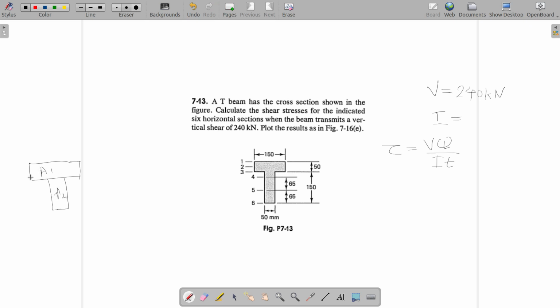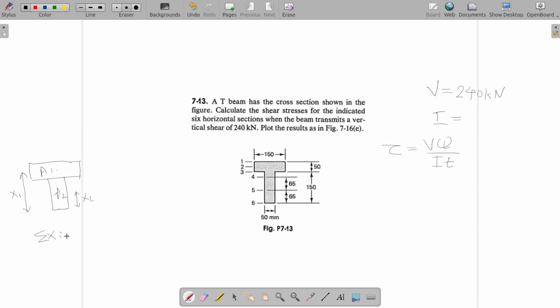A1 and A2, and of course A1 will have its centroid at the geometrical center of A1, and A2 will have its centroid at the geometrical center of A2, and the centroid of the whole area can be calculated by using the formula.